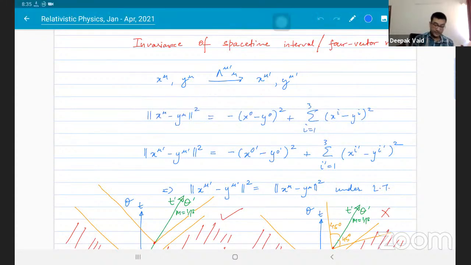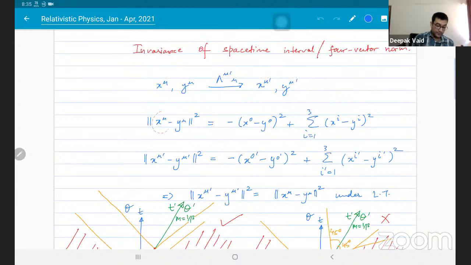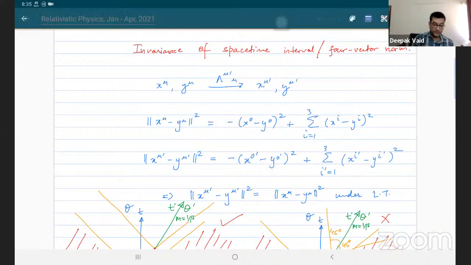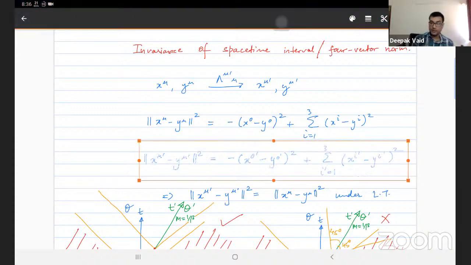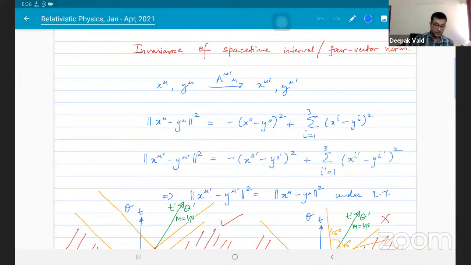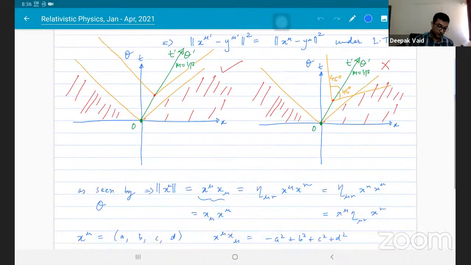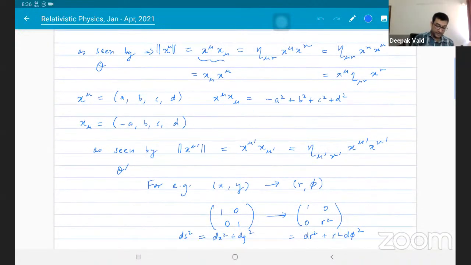What is nice is that under a Lorentz transformation, the coordinates of the points will be changed. x mu will become x mu prime, y mu will become y mu prime. And so when I look at this distance, this quantity, this is a number. First of all, this distance will not change under a Lorentz transformation. This is something you must know.